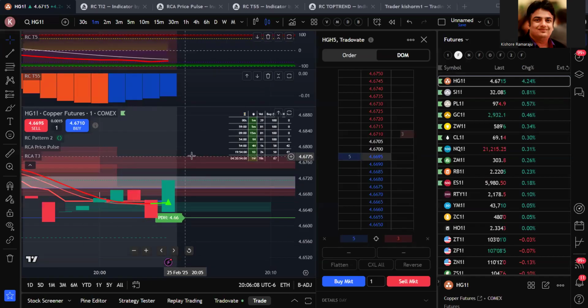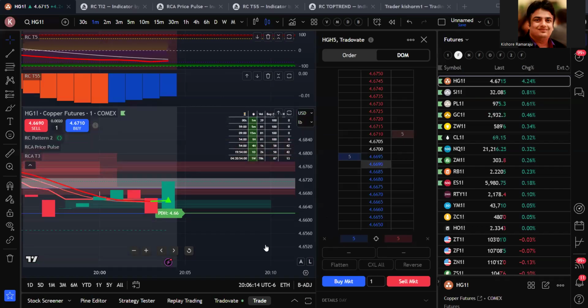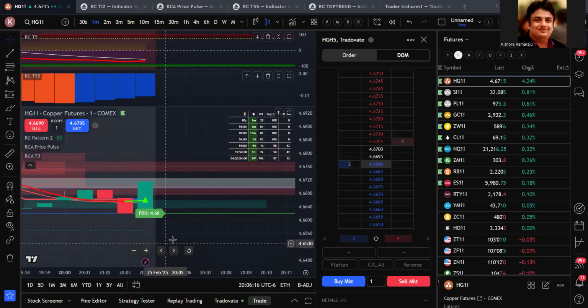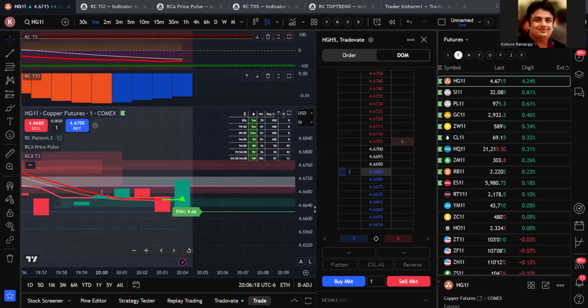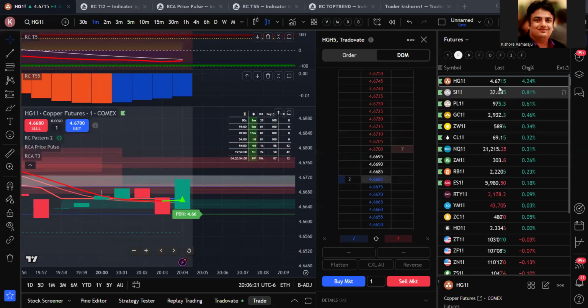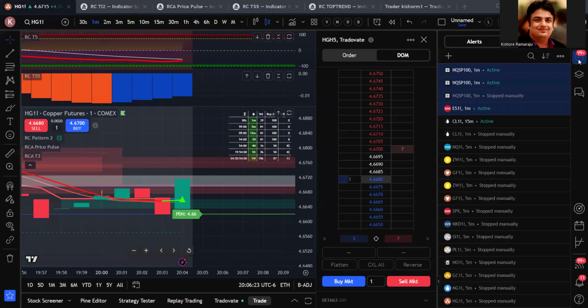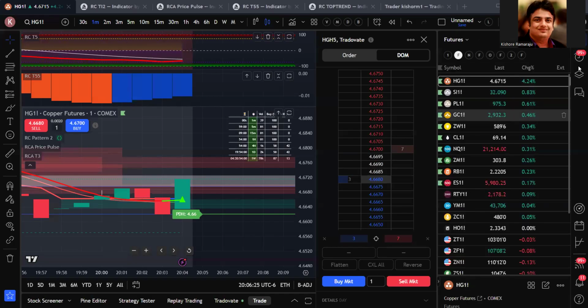So you will be on the right side of the trend. You will not take a sell and suddenly it starts going up. Those things will not happen if you watch which tickers are good for bullish. So now we have to wait for alerts on any of those symbols.